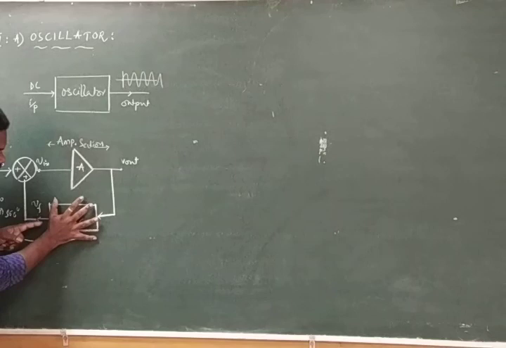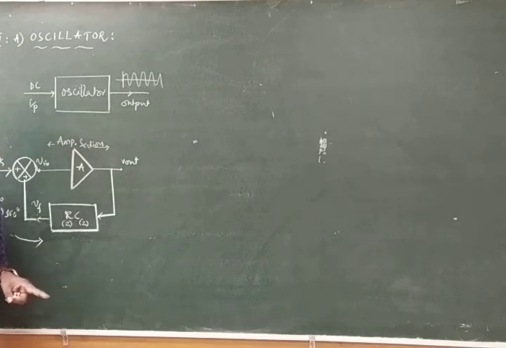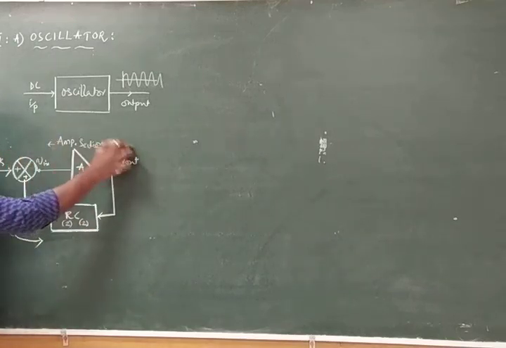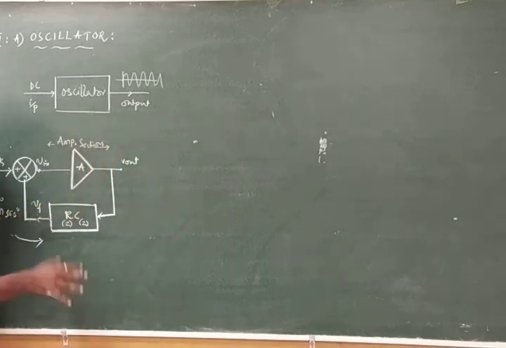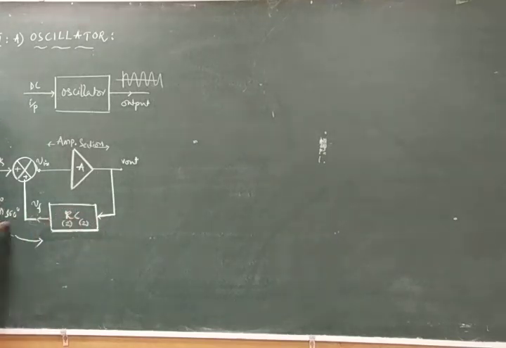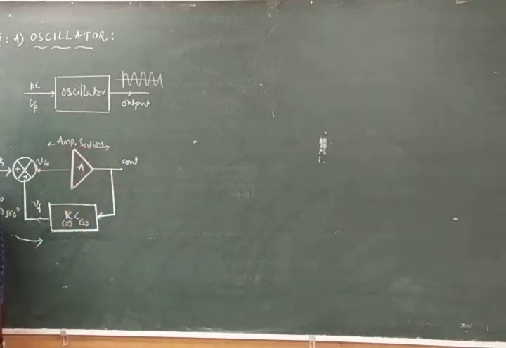If it will not provide the phase shift of 180 degrees, the amplifier only has to provide either 0 degrees or 360 degrees. If it provided 180 degrees, it would have to provide one more 180. Now we are saying that it will not provide the phase shift of 180 degrees, so to meet the condition of 0 degrees or 360 degrees, the amplifier section has to provide 0 degrees or 360 degrees.